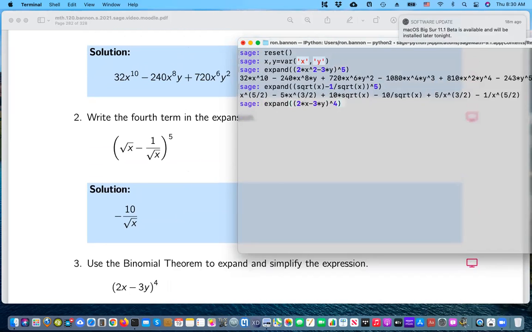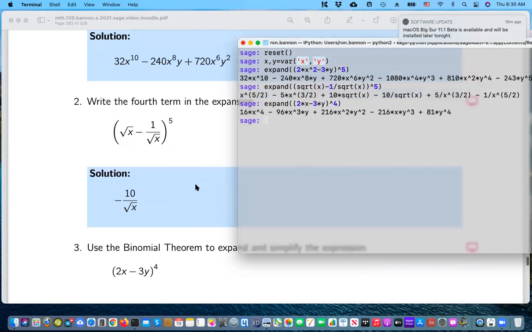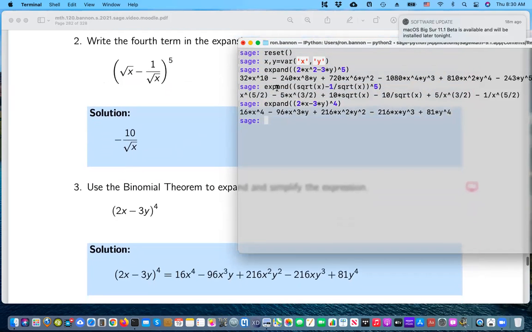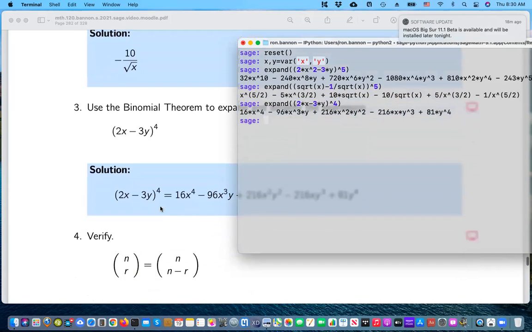And it says use the binomial theorem to expand and simplify. Well, let's take a look and see if we've done that. I'm looking at it term by term. 16x^4 minus 96x cubed y. Again, I'm looking at the answer key and at what Sage gave me, and it's looking pretty good. Let's see if we got this term over here. Yep, we got this term over here. Looking great. Let's keep going.